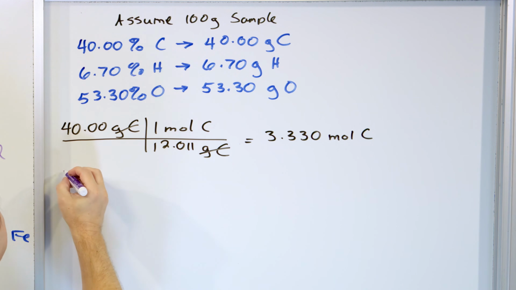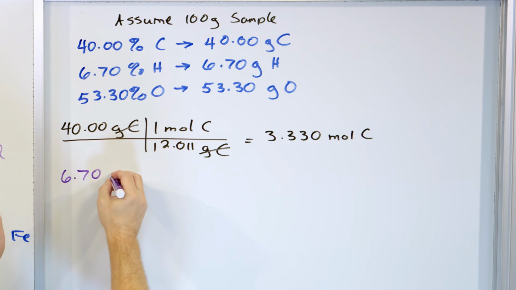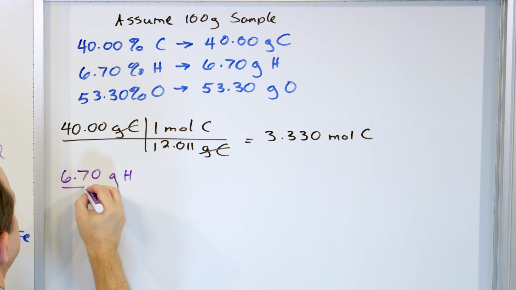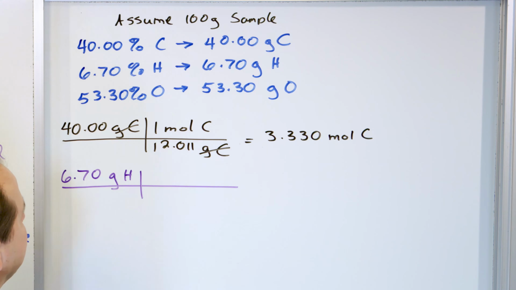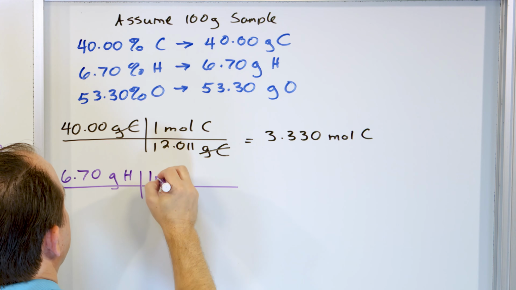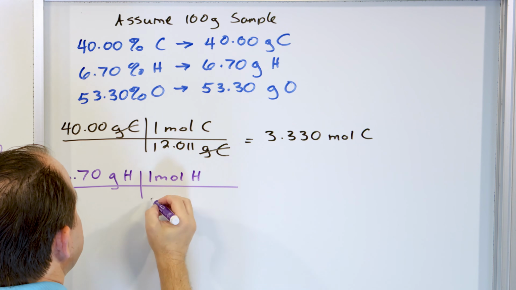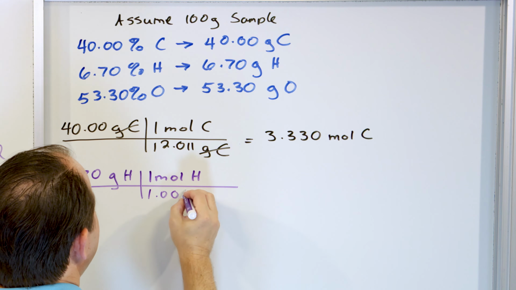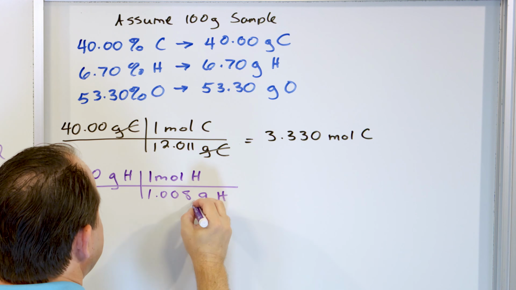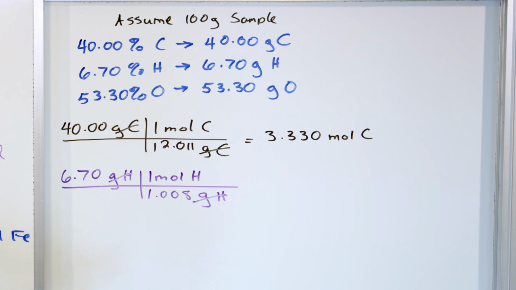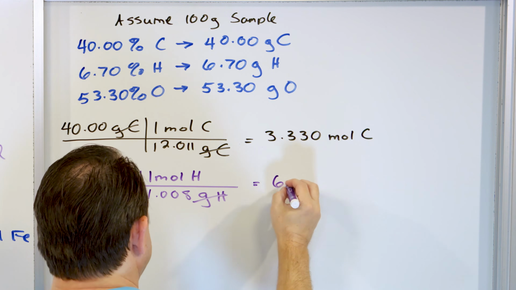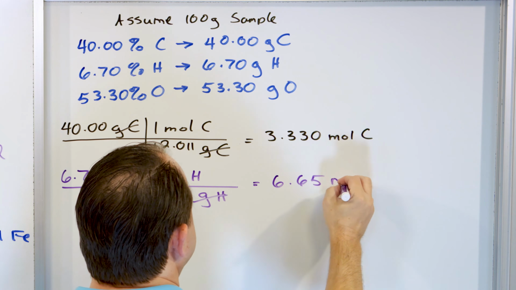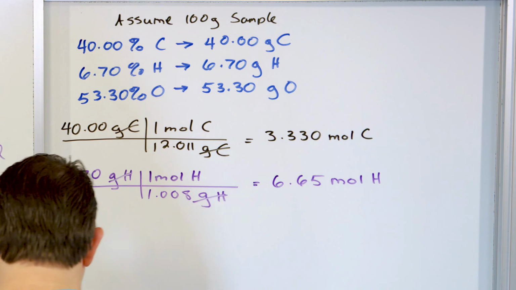I now know that I have 6.70 grams of hydrogen in the sample that I'm talking about, right? And I know that 1 mole of hydrogen is 1.008 grams of hydrogen. Cancel, cancel, right? And so I take the 6.7, I divide by the 1.008, I get 6.65 moles of hydrogen.